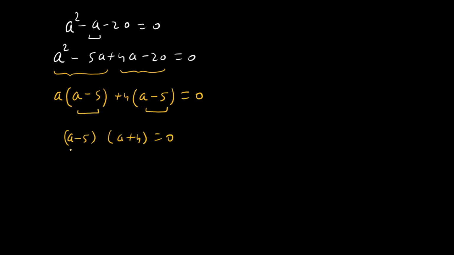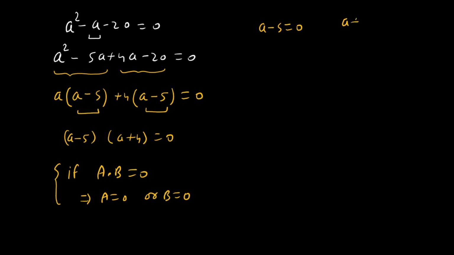We have the product of a minus 5 and a plus 4 equal to 0. We know that if a times b equals 0, then a equals 0 or b equals 0. If we apply this rule, then a minus 5 equals 0 and a plus 4 equals 0. So the value of a is plus 5 and the other value of a is minus 4.